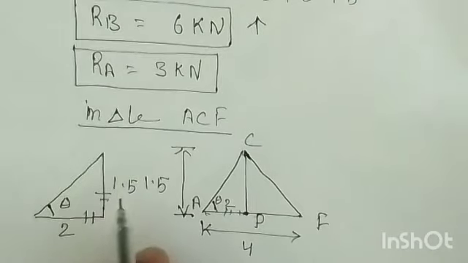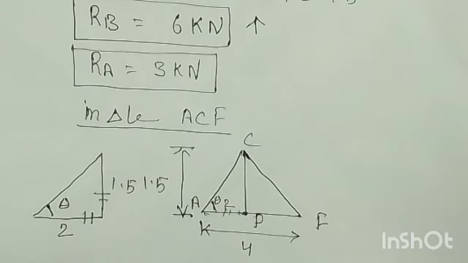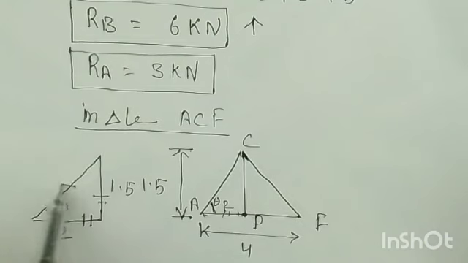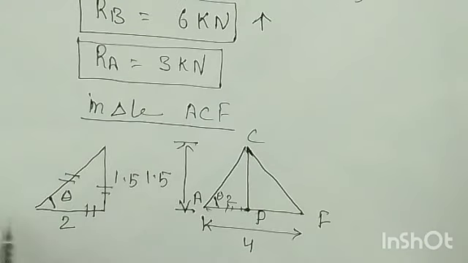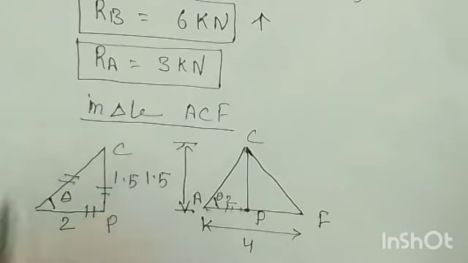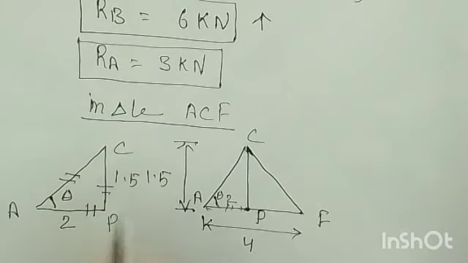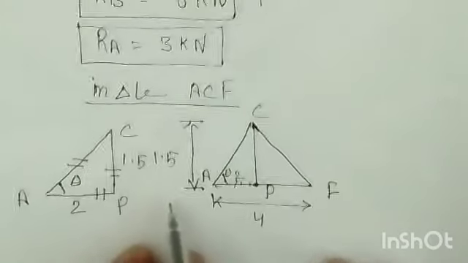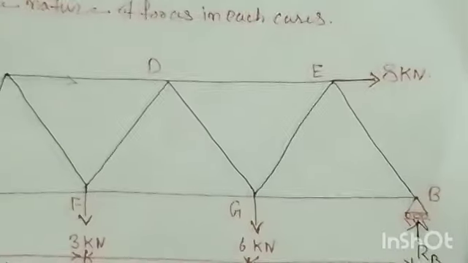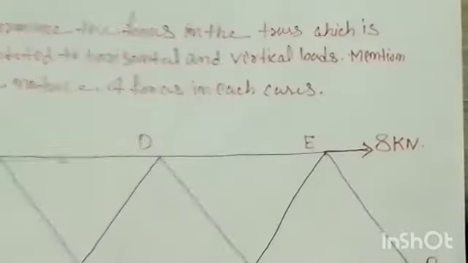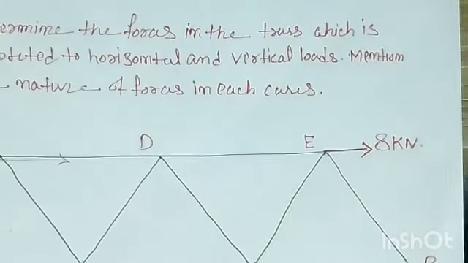Now you can directly find the cos theta and sin theta also, right? So this is your hypotenuse. Let's say this is P, C and A. So AC is equal to, so in the triangle, right, the triangle is here.